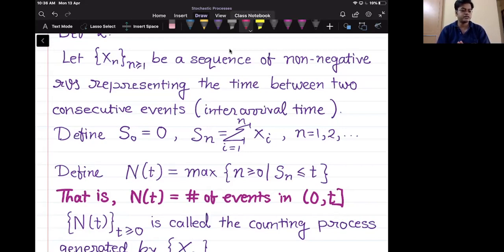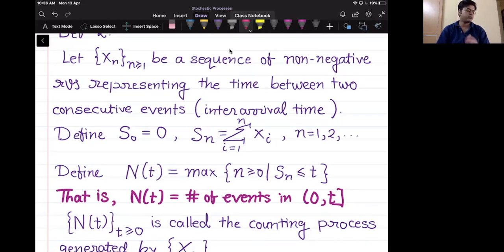If you define it this way, where S0 is equal to 0, and define N(t) to be the maximum over n greater than or equal to 0 such that Sn is less than or equal to t, then N(t) denotes the number of events that have happened in the interval 0 to t.